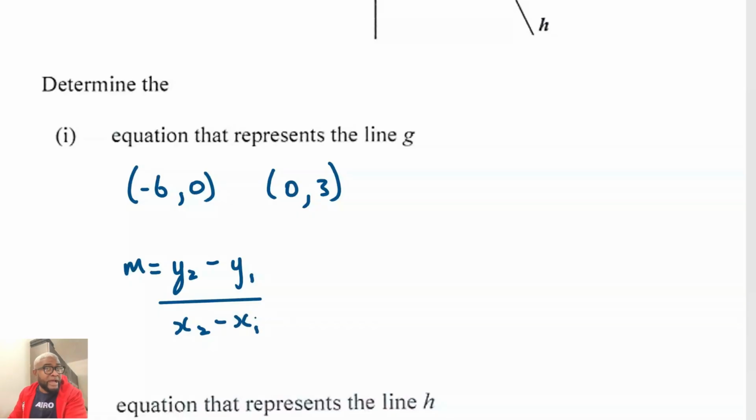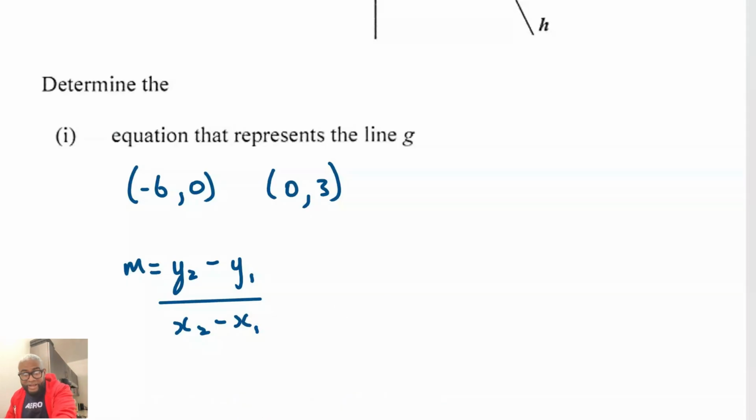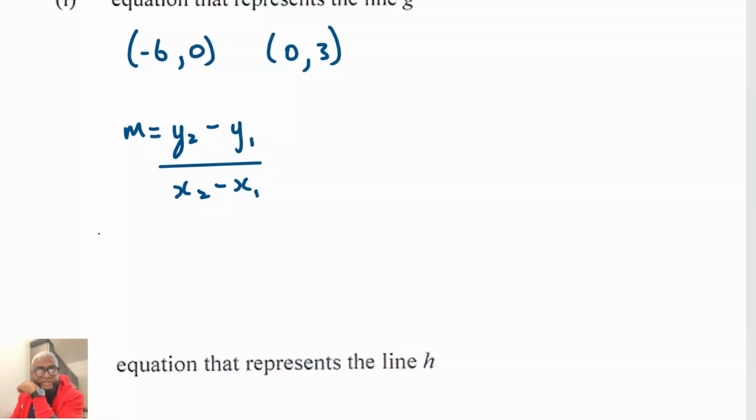Tell me what Y2 is. This is X1, Y1. X2, Y2. You all seen it?